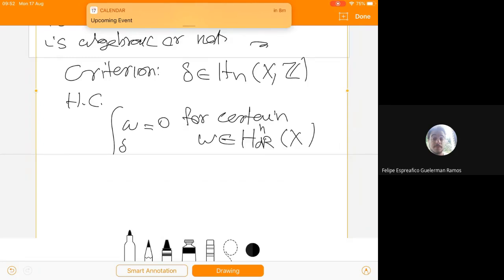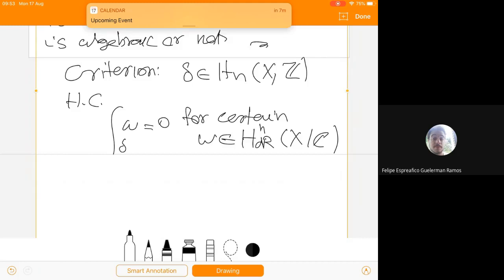As I said, this is one of the reasons why we will introduce this. We first have to develop the concept of algebraic de Rham cohomology. So the criterion, which you will see during the course, is that certain integrals must be zero. By the de Rham theorem, if all the integrals are zero, then we conclude that delta is torsion and basically zero.